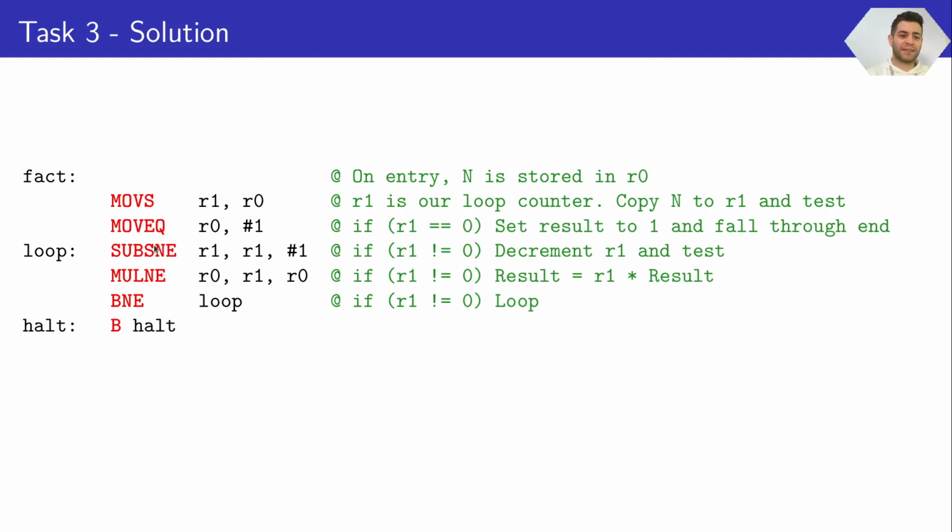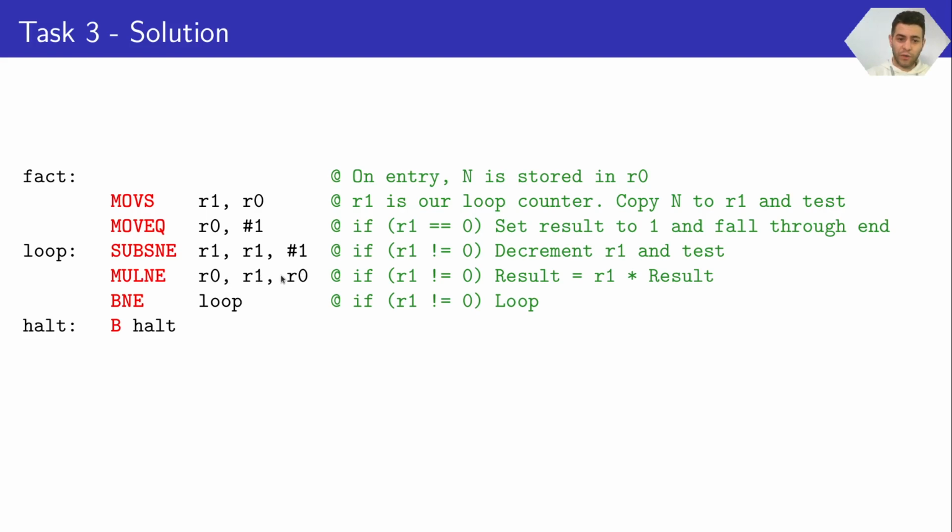At this point, the CPSR flags are modified, and then we are going to multiply if R1 is again not 0. And what we are doing here is putting into R0 R0 multiplied by R1. And here we go again.